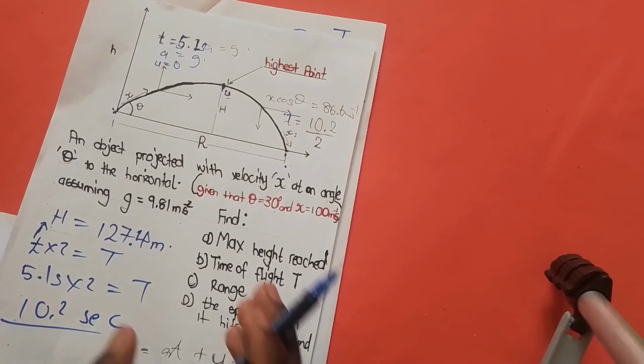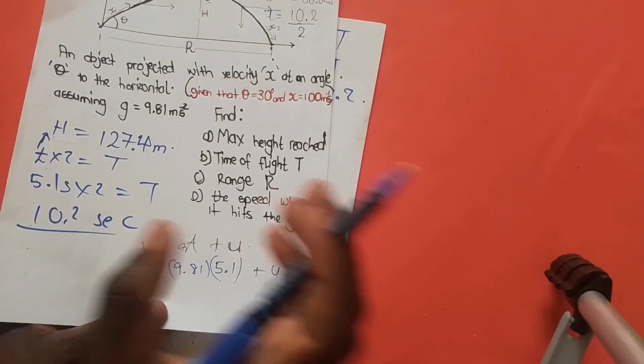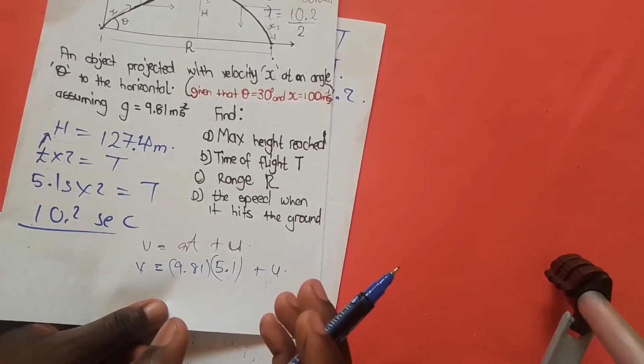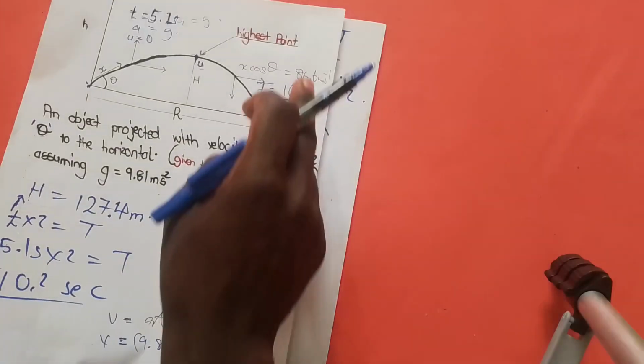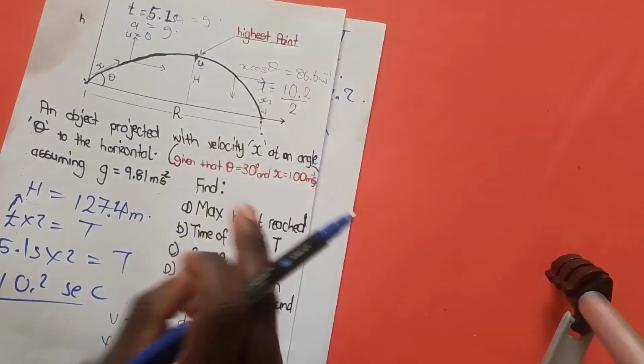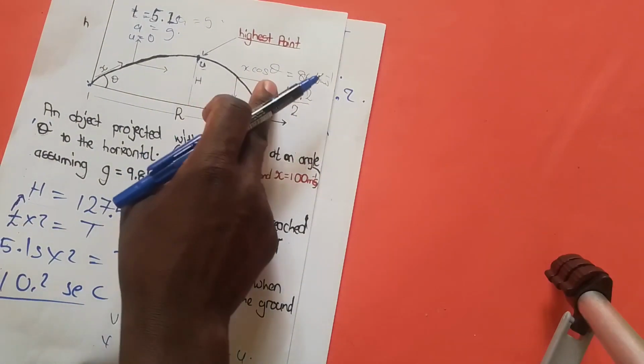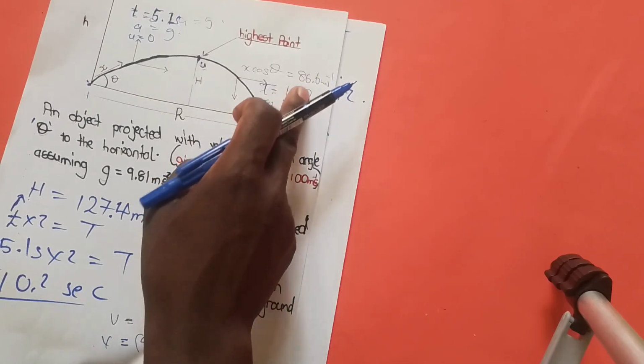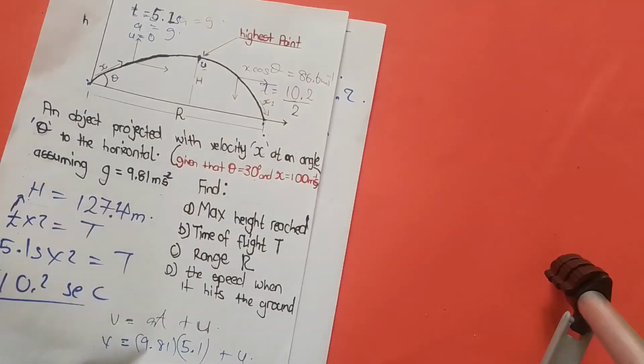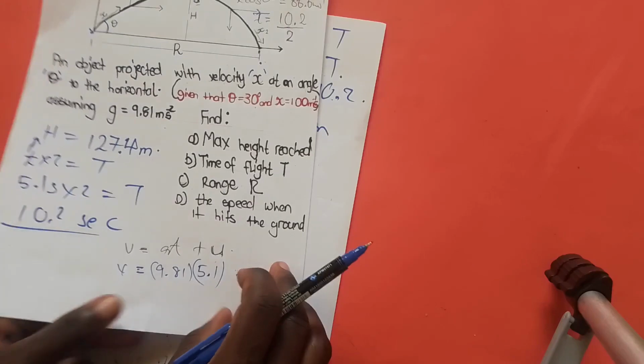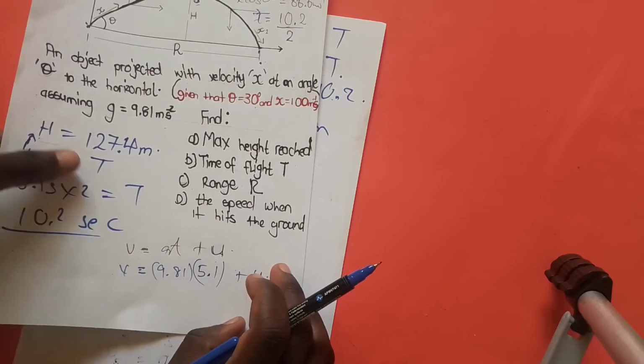At this point we are just considering the vertical velocity of the object, because I've told you that the horizontal velocity will be constant, u cos theta, which will be equal to 86.6 meters per second. The horizontal will stay constant, right?